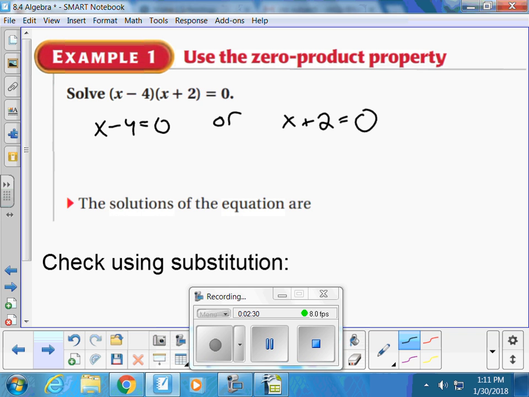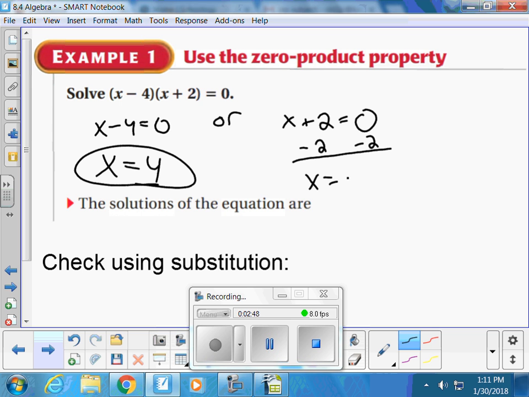Some people just solve this in their heads. You would add the 4 to the other side, and you'd get x equals 4. Good. And then the other part, x plus 2 equals 0, you'd solve by subtracting 2 to the other side, getting negative 2.